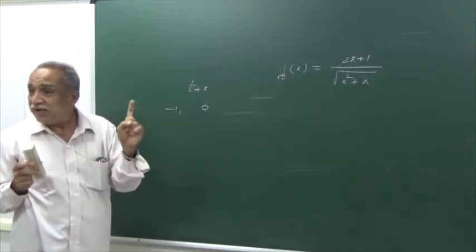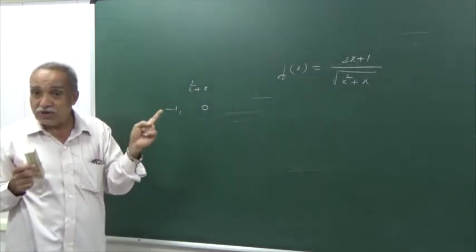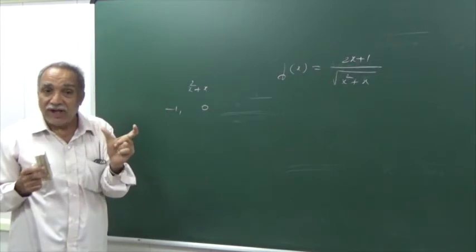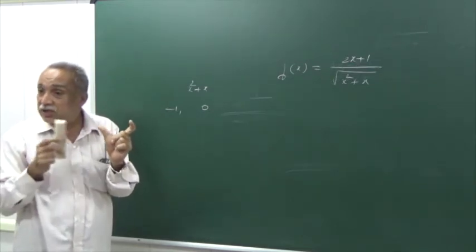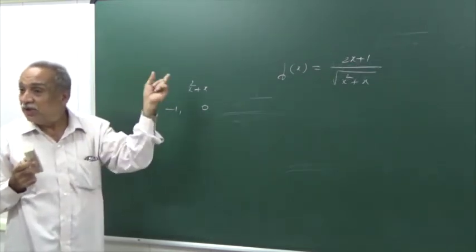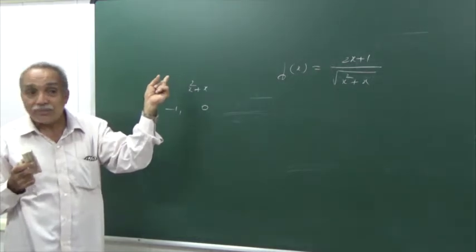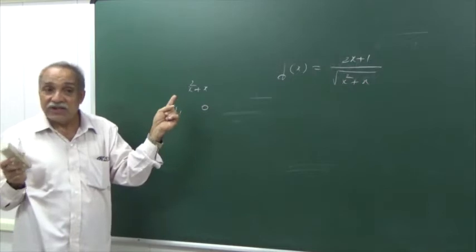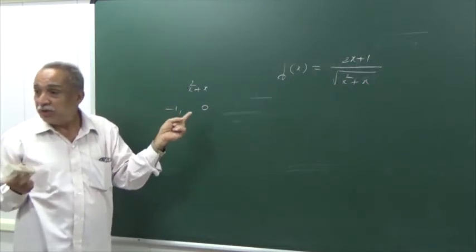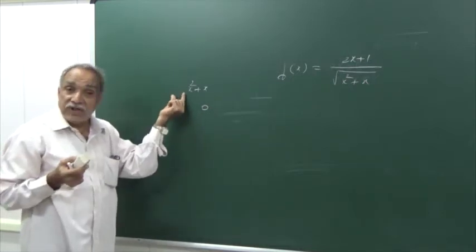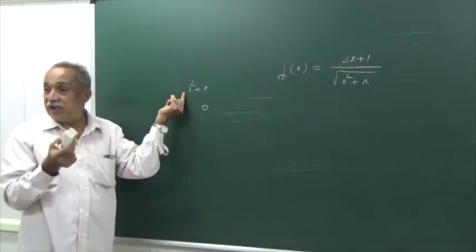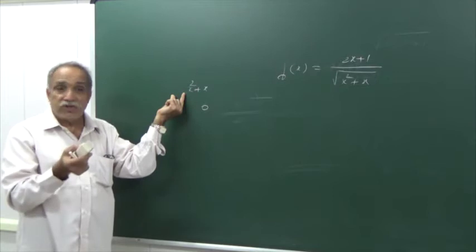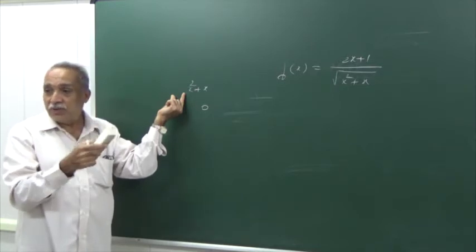When a quadratic has x square coefficient positive and two real roots alpha and beta, for every x between the roots, the sign of the expression will be negative, and for x outside the roots, the sign of the expression will be positive. If x square coefficient is negative, the opposite will take place. For x in between you get positive, for x outside negative, and at the points, 0.